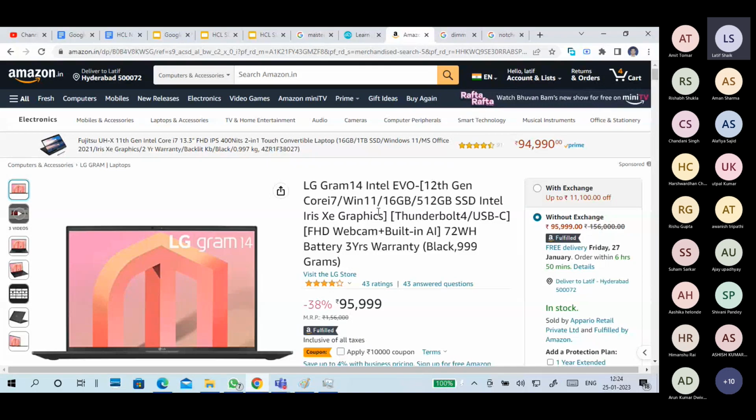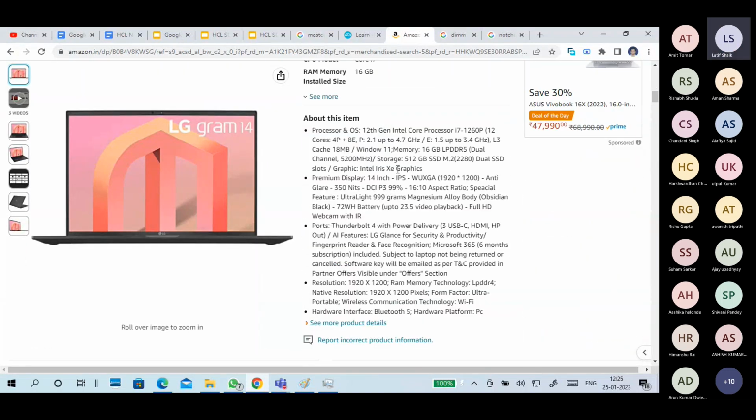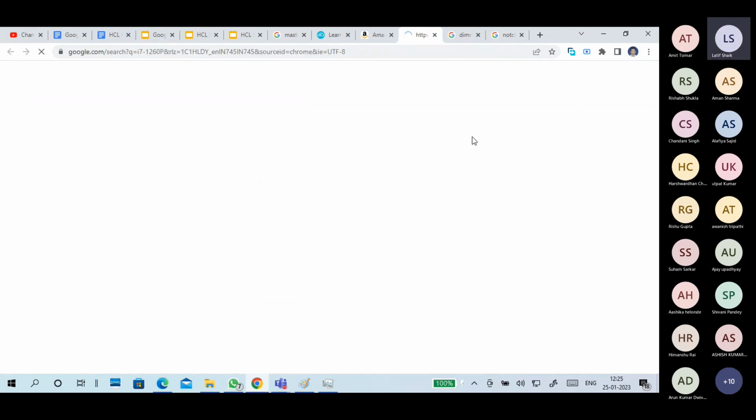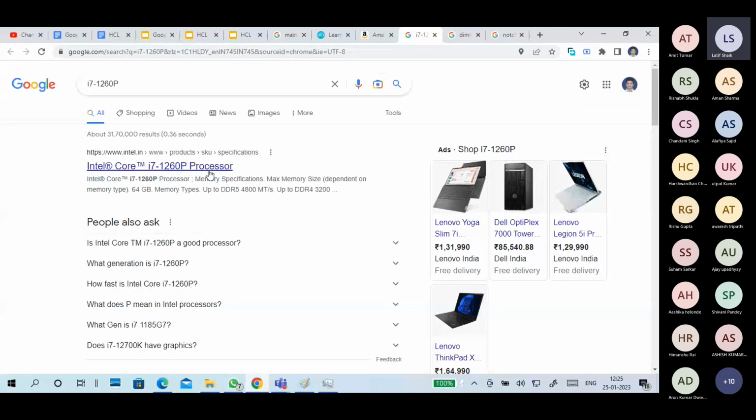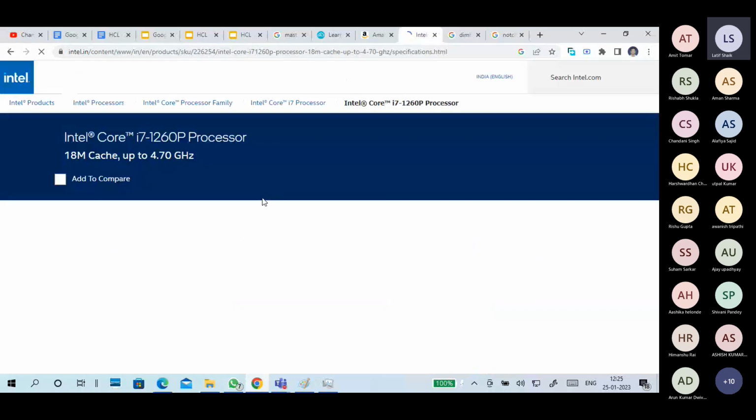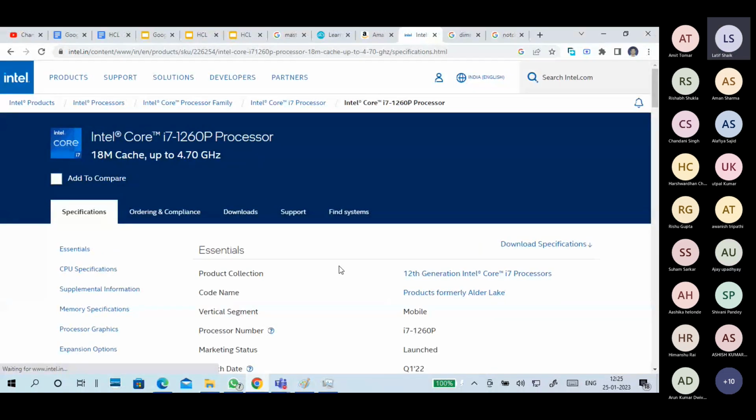It is a 12th generation processor. Go to the processor number and number of cores. Cache memory is 18 MB. Already 16 GB is given, but you want to upgrade. So what to do?